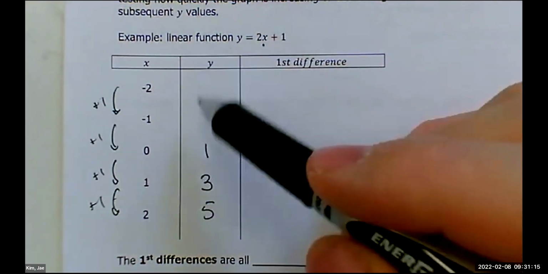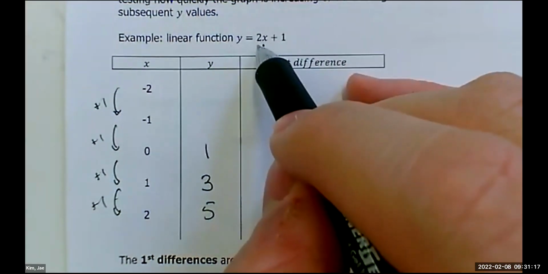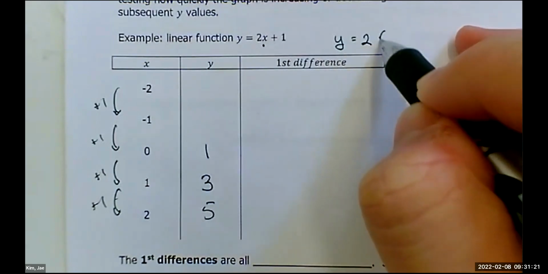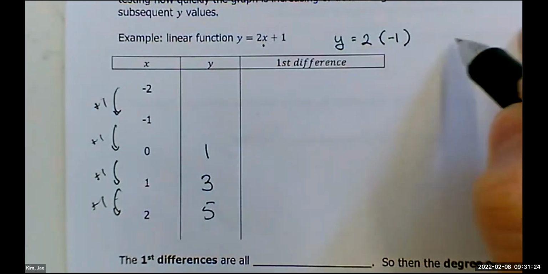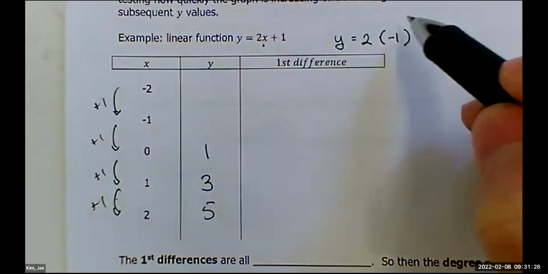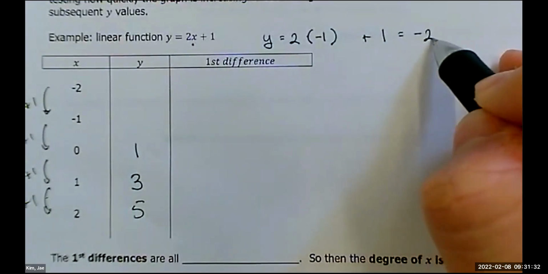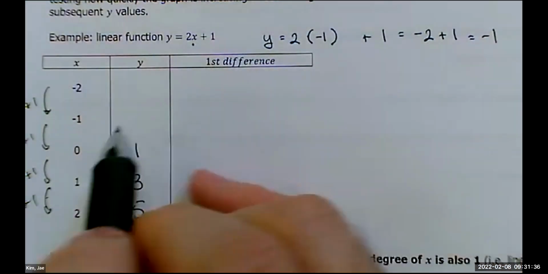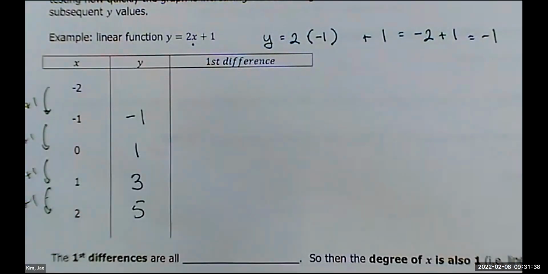Let's move on. If x was a -1, I'll just do it very quickly. That will be 2 times -1 plus 1. So that would be -2 plus 1, which would be a -1. When x is a -1, my y is a -1.